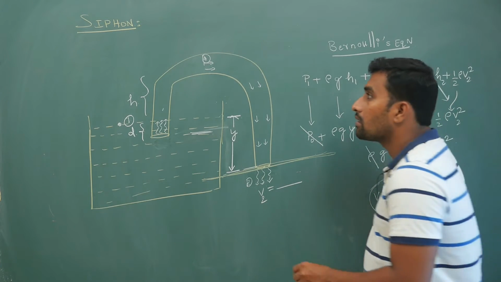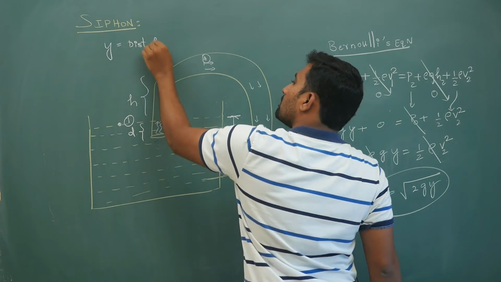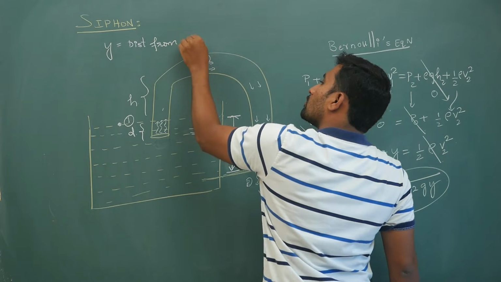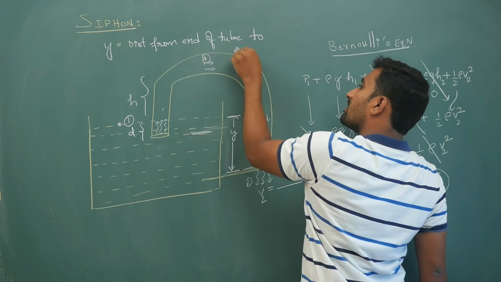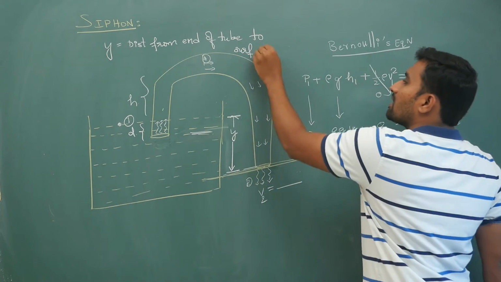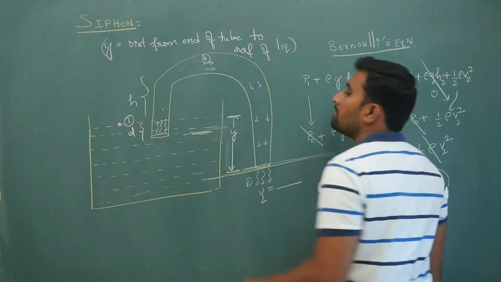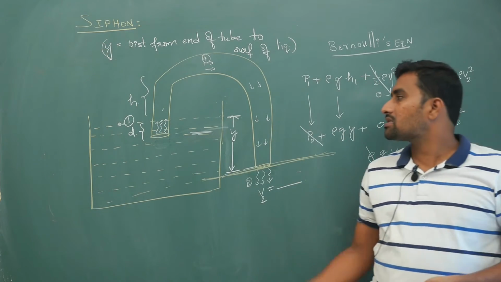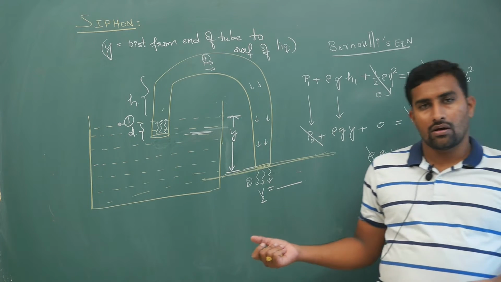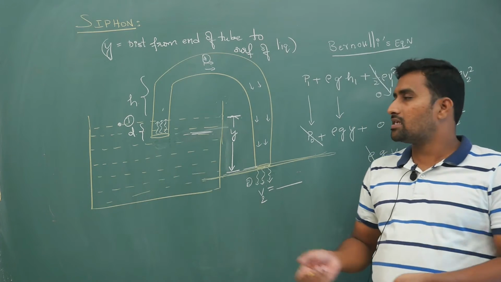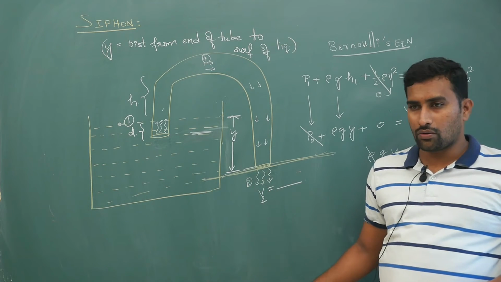Y is the distance from the end of the tube to the surface of the liquid. Now the liquid stops flowing when y becomes 0. Obviously one condition must be satisfied, this end must be inside the liquid, no doubt.